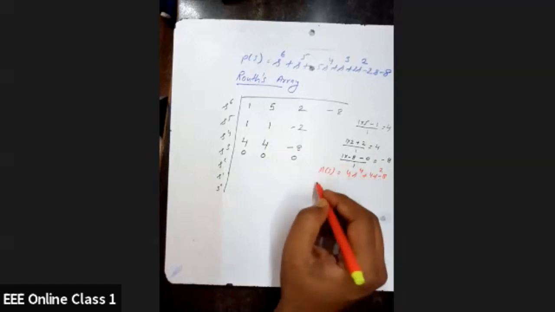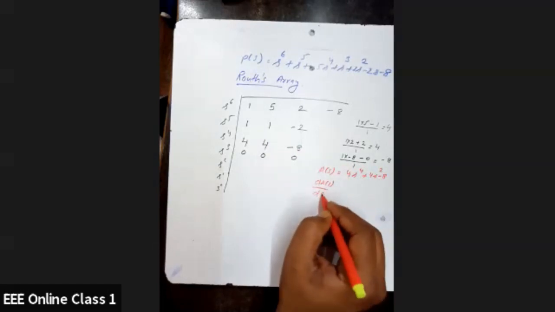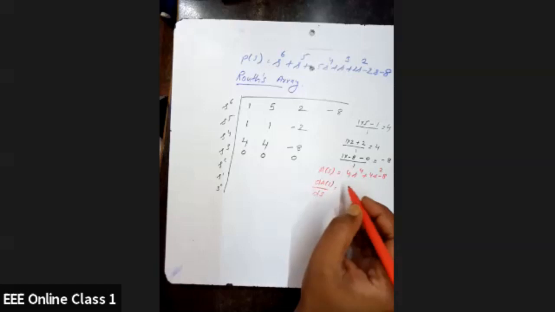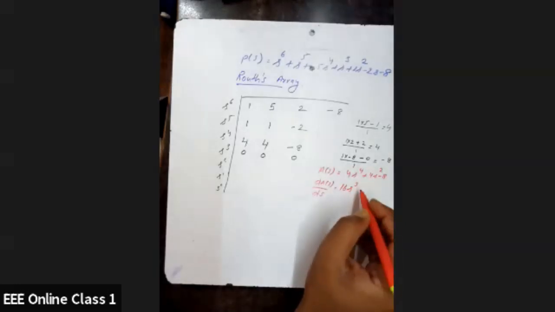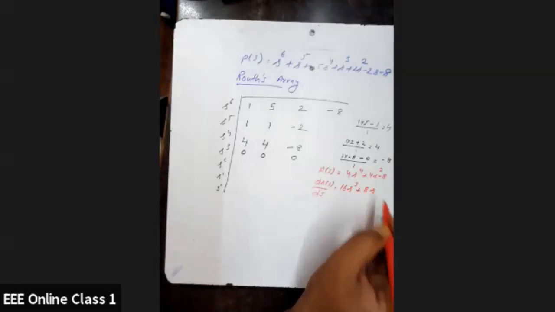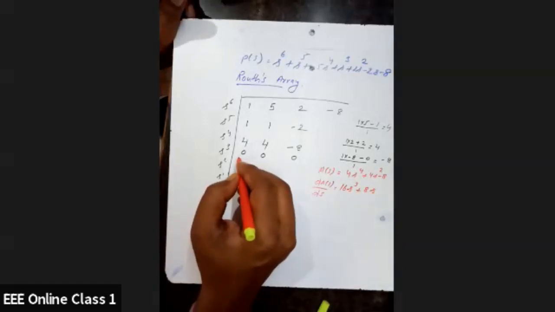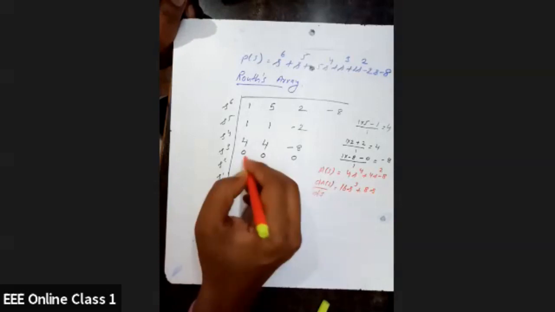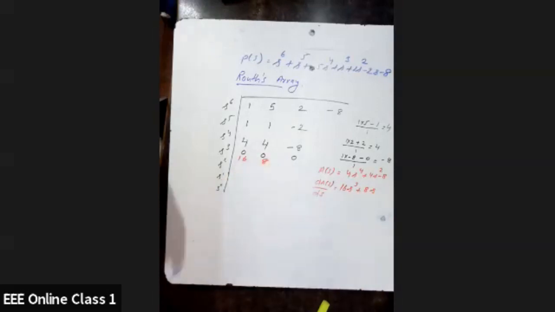Let us differentiate this with respect to S. So this becomes 16 S cube plus 8S. So I have to replace this 0 with 16 and 8. So this is our new solution.